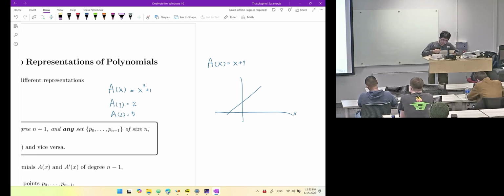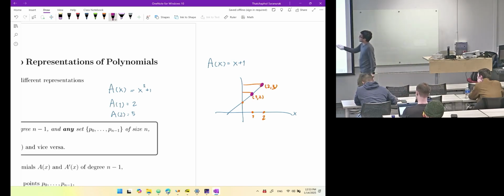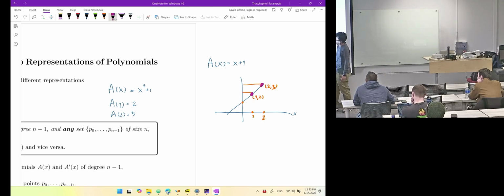Then if I say that I want to evaluate at points 1 and 2, this is going to look like 1 and 2, and 2 and 3. These 2 points. If I fix these 2 points, there is only one polynomial of degree at most 1 that fits these 2 points.